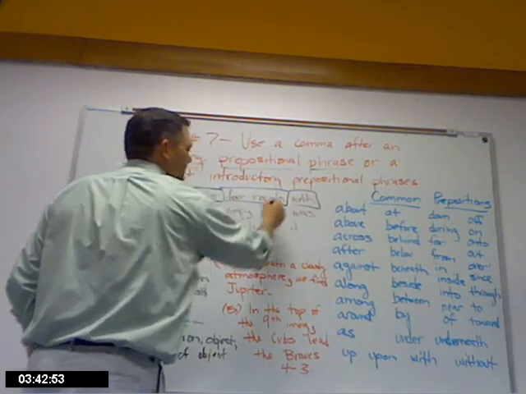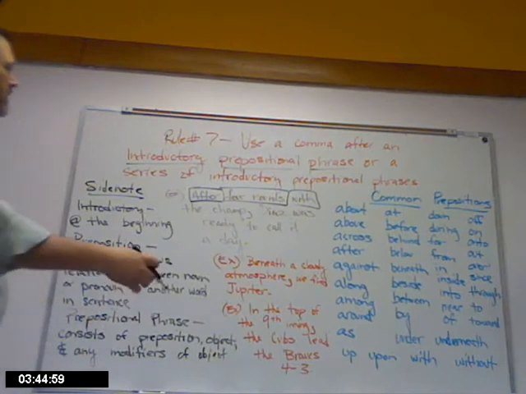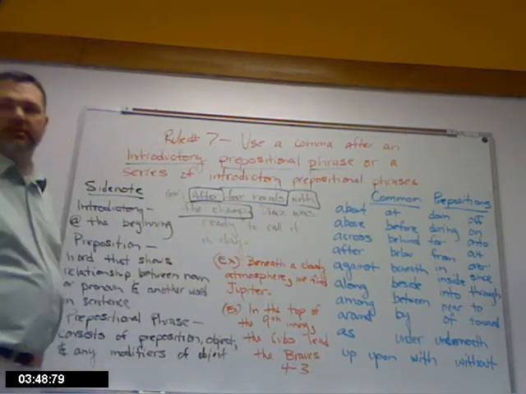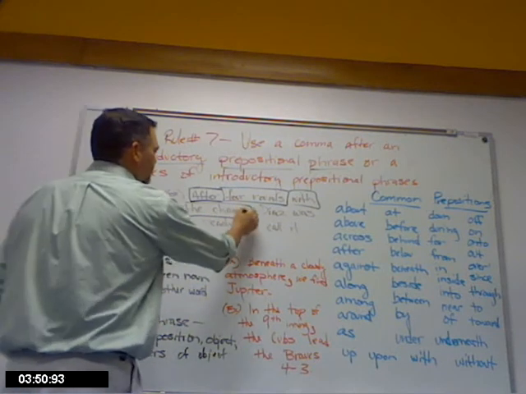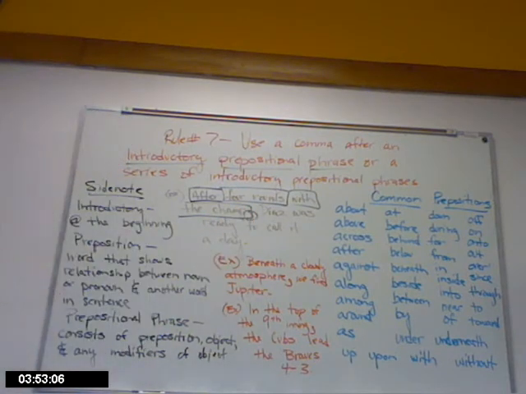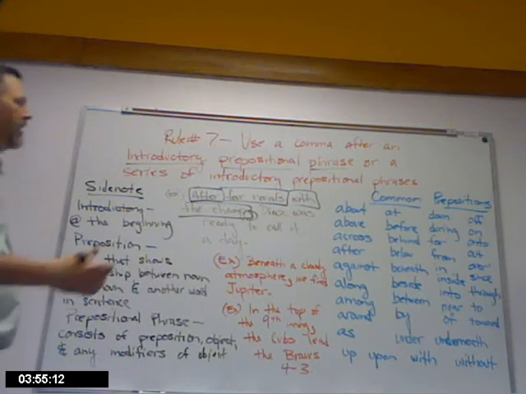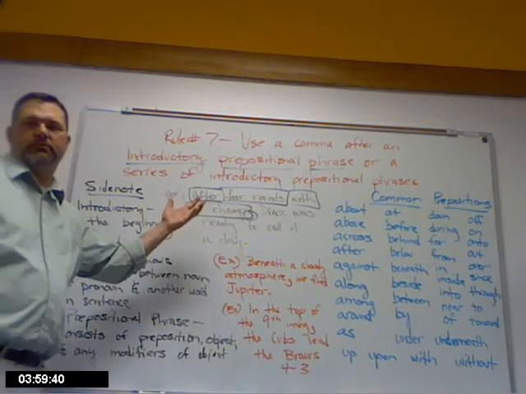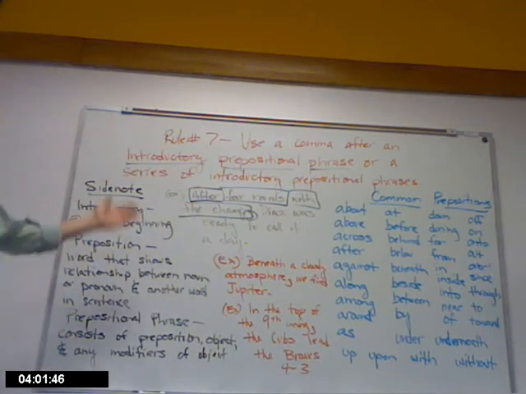With is a preposition. With the champ becomes the prepositional phrase. And then we notice there's a comma after champ. It sets off that whole introductory phrase. After 4 rounds with the champ, Diaz was ready to call it a day. Well, when was Diaz ready to call it a day? After 4 rounds with the champ.